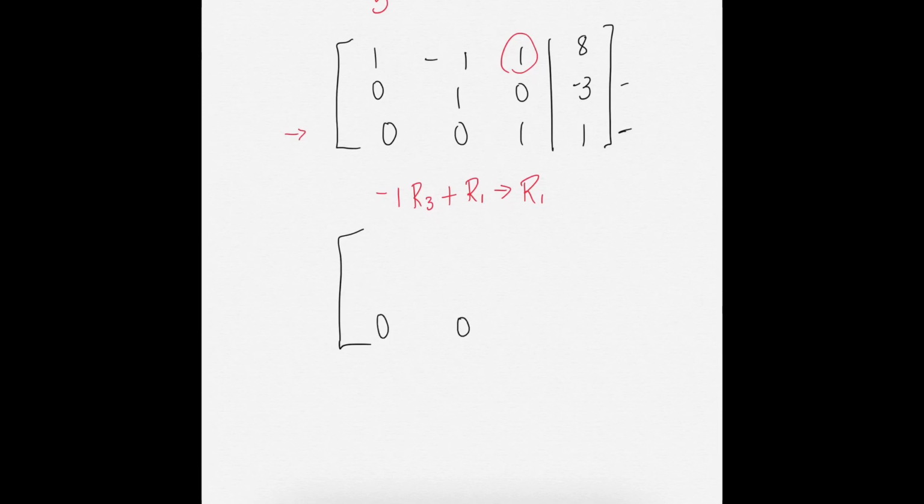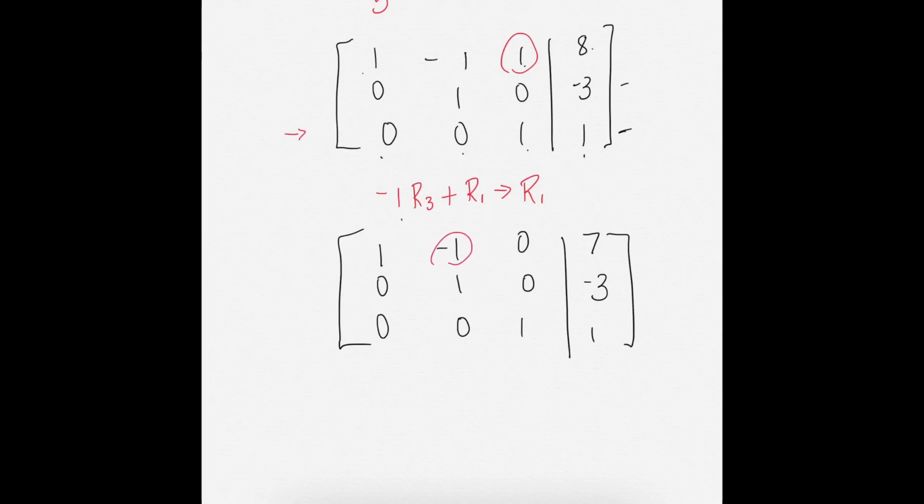Okay, so I'm going to rewrite my row 3, and I'm going to rewrite my row 2. So my row 1, we've got negative 1 times 0 plus 1 is 1. Negative 1 times 0 plus negative 1 is negative 1. Negative 1 times 1 is negative 1 plus 1 is 0. Negative 1 times 1 is negative 1 plus 8 makes 7.